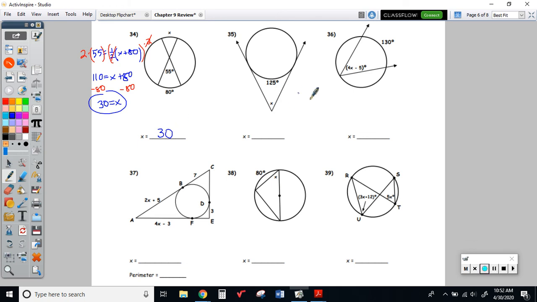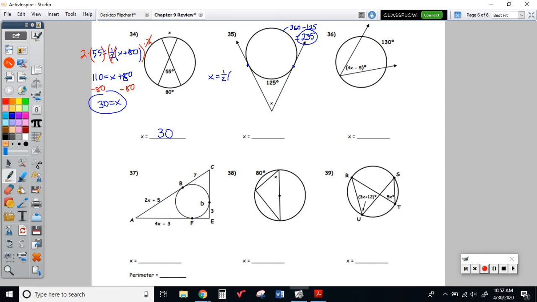Number 35, we're looking at the angle is going to equal 1/2 of the big arc minus a small arc. So the angle x is going to be equal to 1/2 of the big arc. If that's 125 from here to here, this would be 360 minus 125, which would be 235. So we have 235 for this arc from there to there, the longer way around.